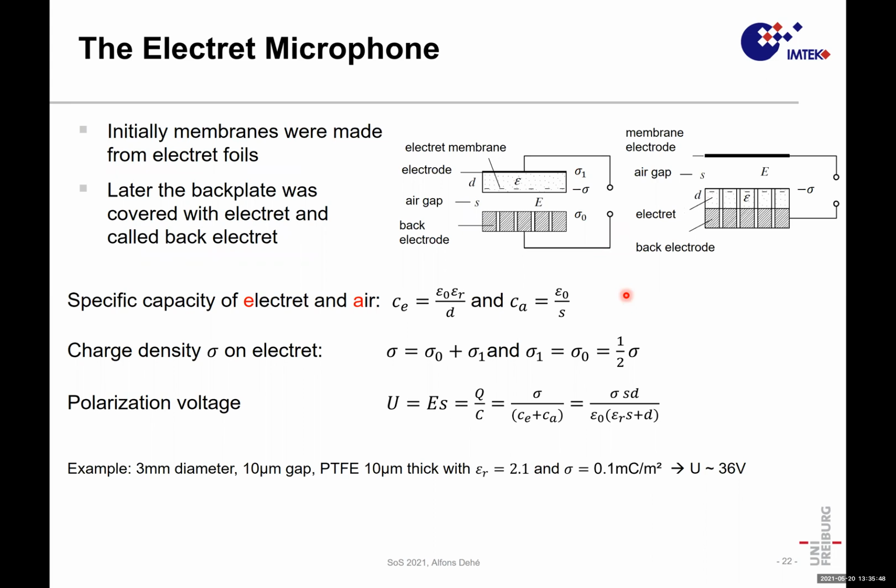How does this work? Either you have really this electrode foil as a movable device and a second electrode, building up this condenser. And what nowadays is done, you put the electrode on the counter electrode, which is stiff, and you have simply a metallized or a metal foil moving against this.